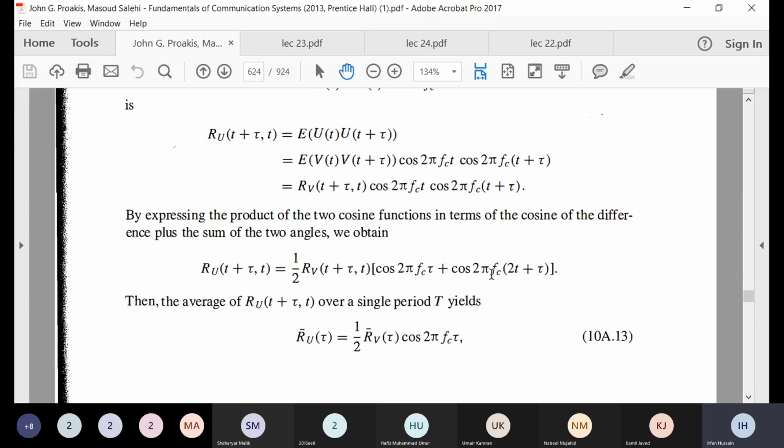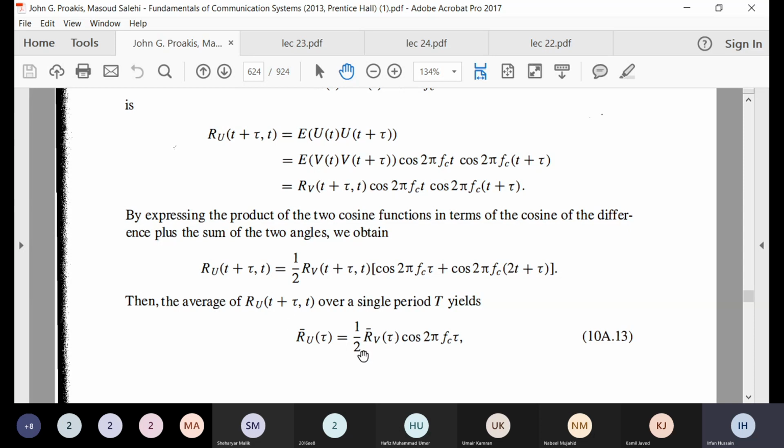For 2 cycles, the mean of the cosine comes out to be 0. One cycle gives 0, 2 is definitely 0. This will totally go to 0, only this will remain, and I will get the average value of this for one time period. This will be called R_V dash.